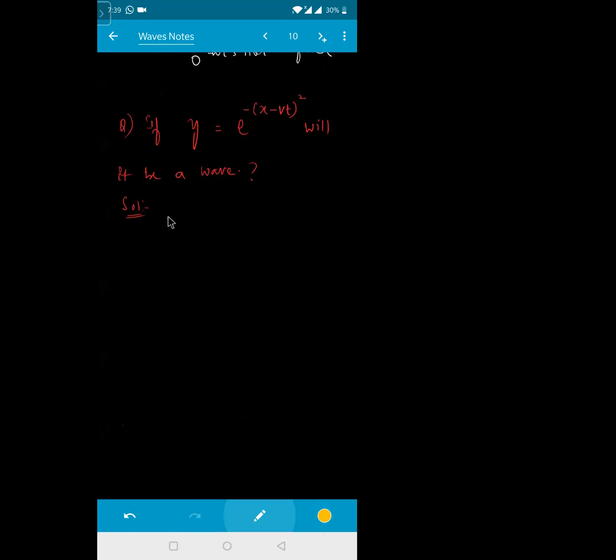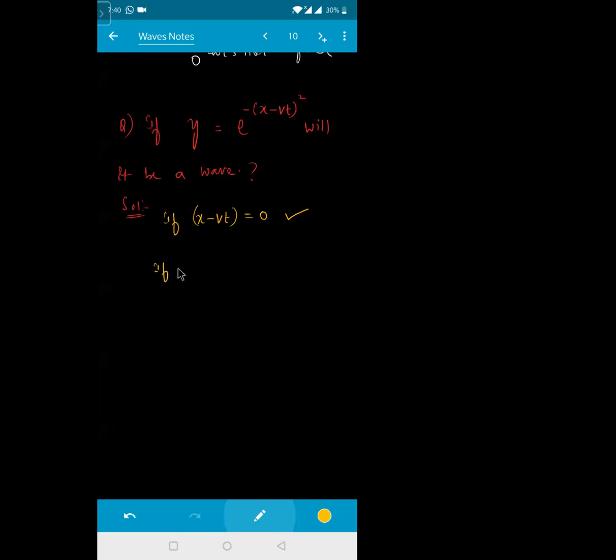Now see here, if x minus vt is equal to 0, 0 whole square is how much, beta? 0. Exponential to the power of 0 is defined or not defined? Defined. Very good. So I can define it for this one.